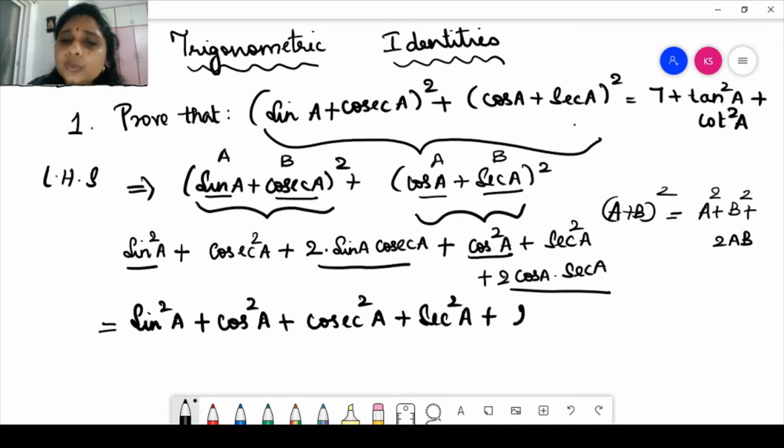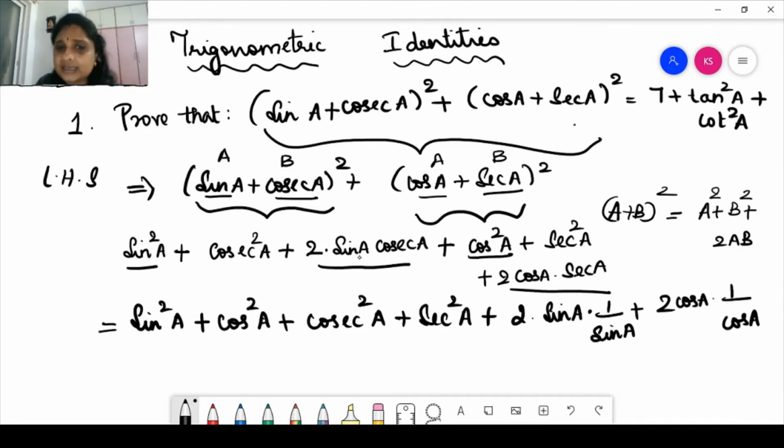So what I'm going to do is express cosec A as 1 by sin A, plus 2 cos A into sec A as 1 by cos A. Because they are reciprocal ratios getting multiplied, they will get cancelled. So sin A into 1 by sin A, sin A and sin A get cancelled.